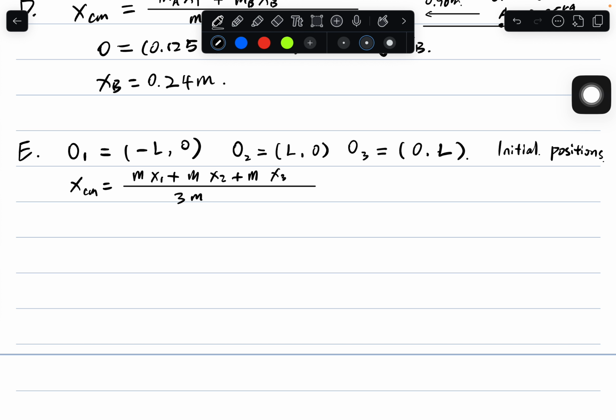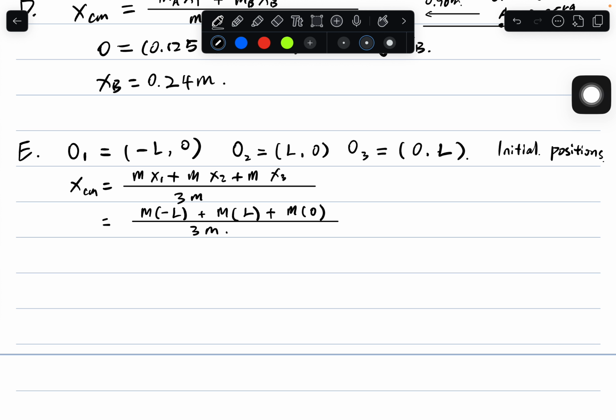After we plug in the numbers, the first term is 0, the second term is m times negative L, plus m times L, plus m times 0.